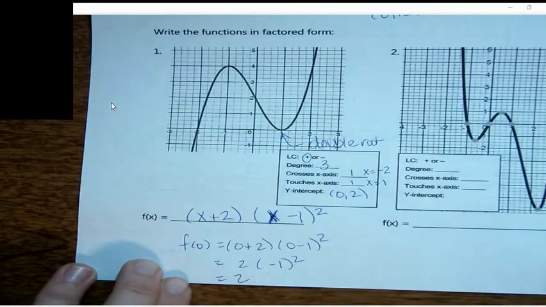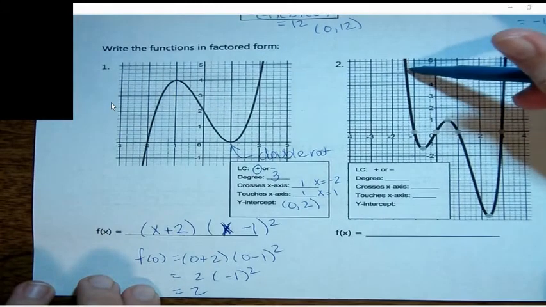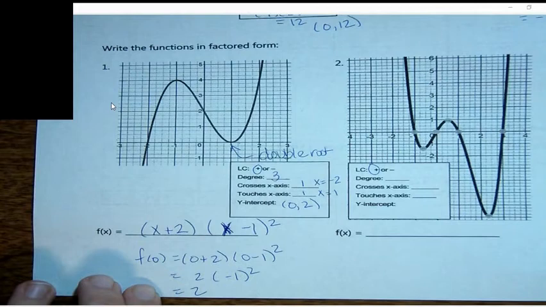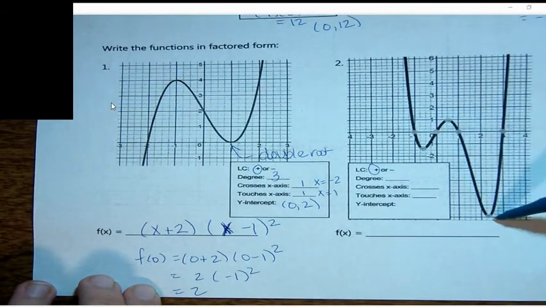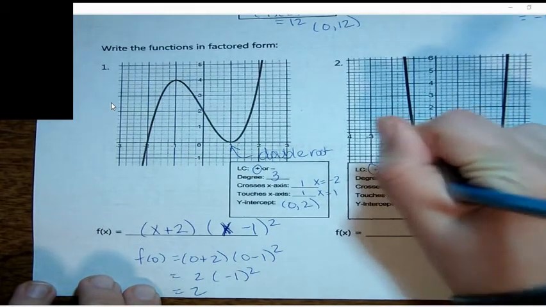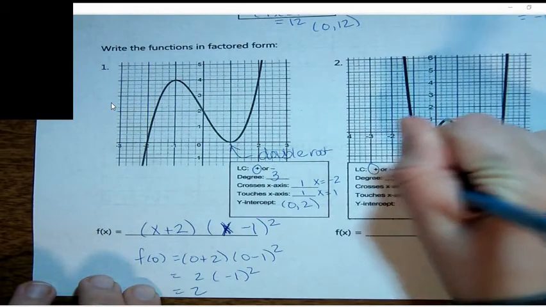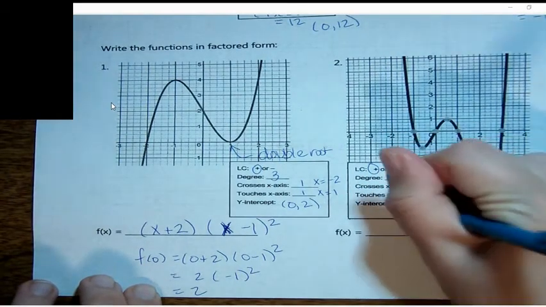F of 0 is equal to 0 plus 2, 0 minus 1, quantity squared. 2 times (-1) squared gives me just 2. Okay, over here, I have both going up, so my leading coefficient must be positive and I must have an even degree. I happen to have 4 roots and 3 relative extrema, so my degree must be 4. It crosses the x-axis 4 times, it touches 0 times, and my y-intercept is at (0, 0).